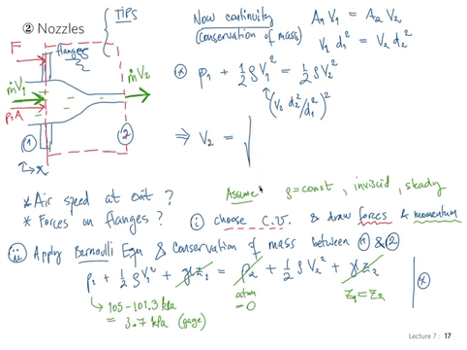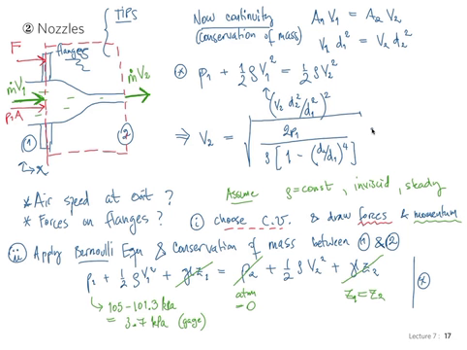So V2 is the square root of 2 P1 divided by rho times 1 minus D2 over D1, squared and squared again, so to the 4th power. And here's the expression for V2 in terms of P1.